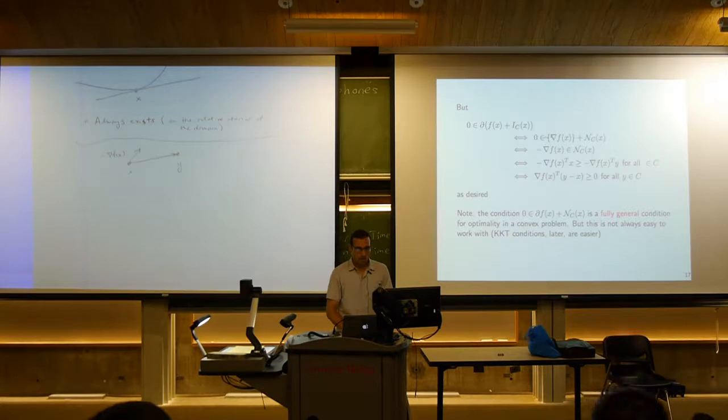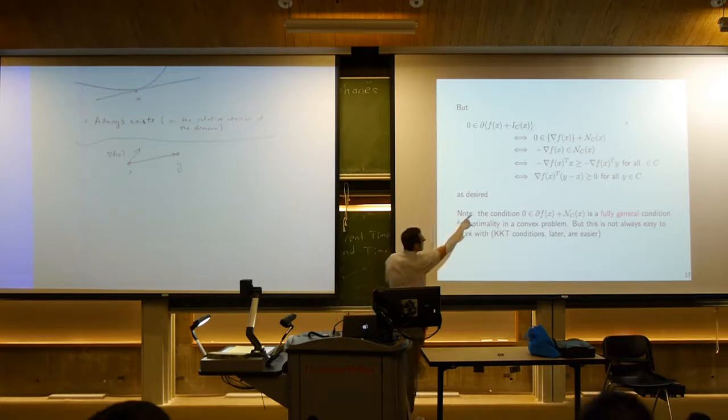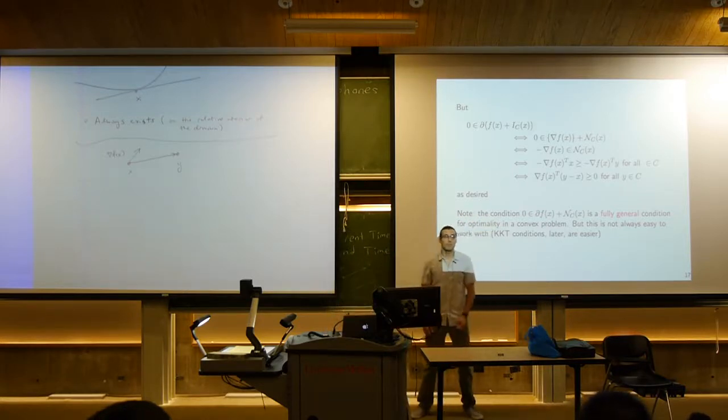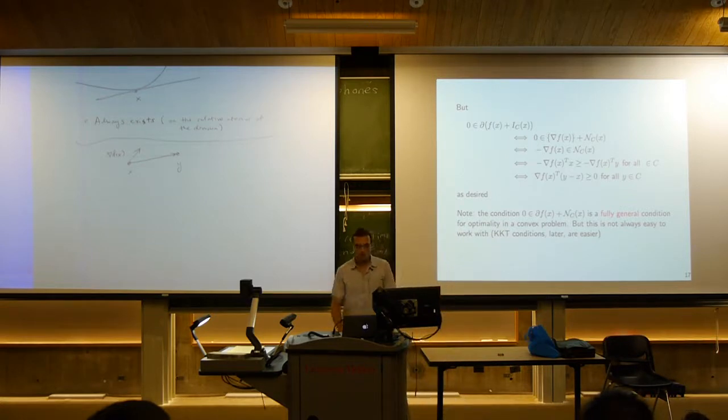And if 0 is in this set, which contains the gradient of f at x plus anything in the normal cone, that's equivalent to saying that the negative gradient must be an element of the normal cone. It's just a very simple rearrangement that gives us this.